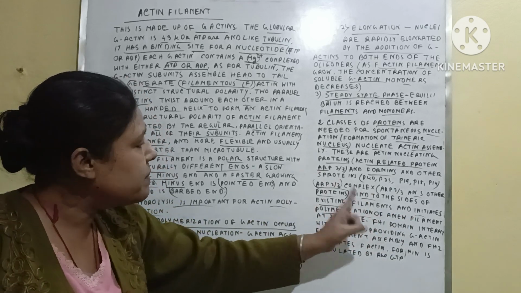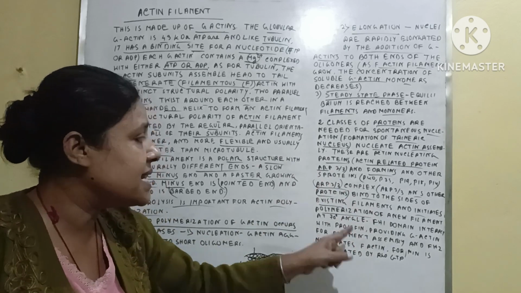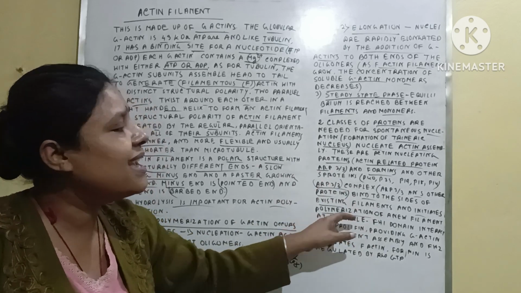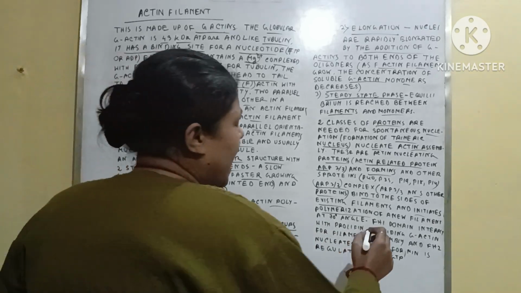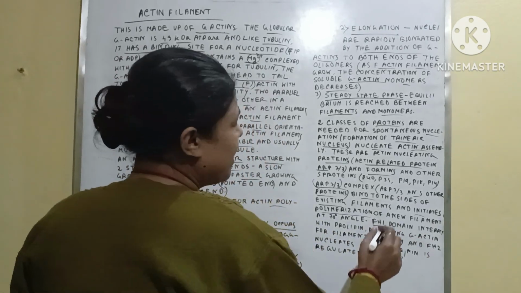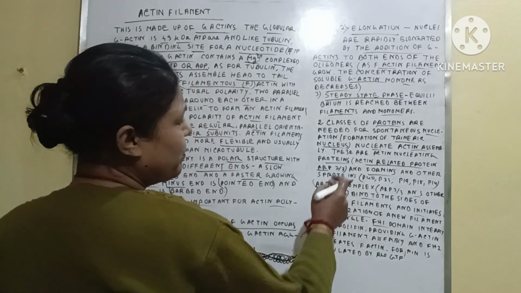This polymerization of the new filament on the existing filament occurs with a 70-degree angle formation. Clear?